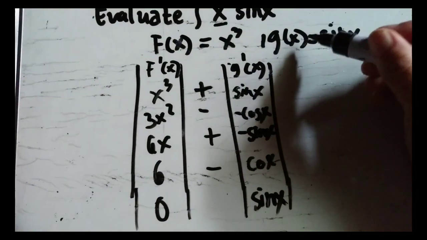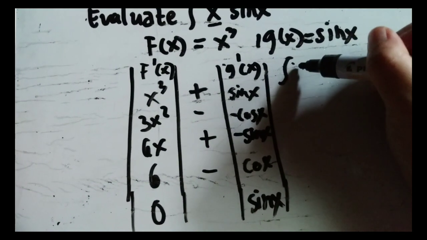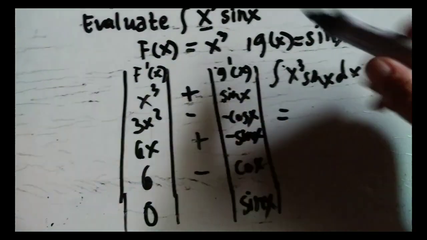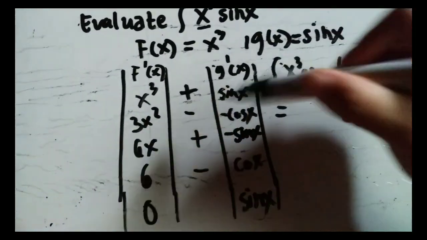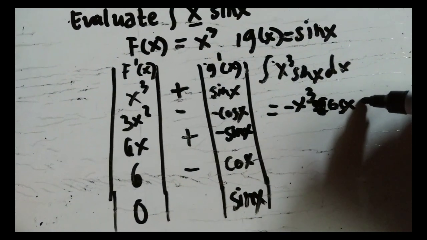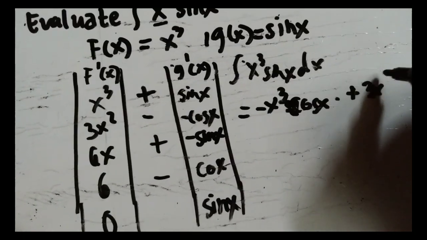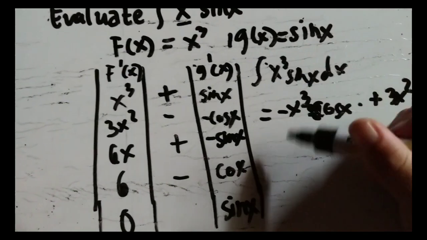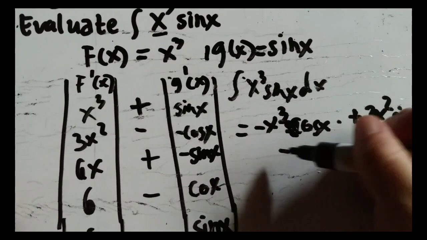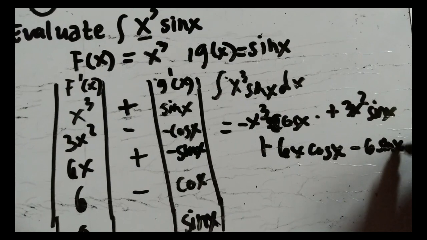After that, we do the same as earlier. So the integral of x cubed times sine x dx is equal to, copy, x cubed times negative cosine x, diagonally, also copy the sign, so negative x cubed times cosine x, plus 3x squared sine x, plus 6x cosine x minus 6 sine x plus c.